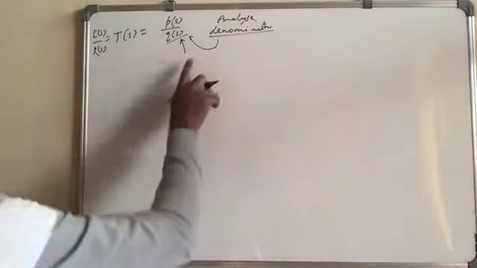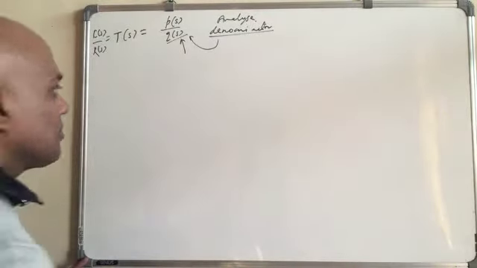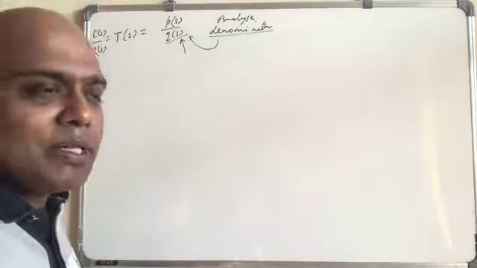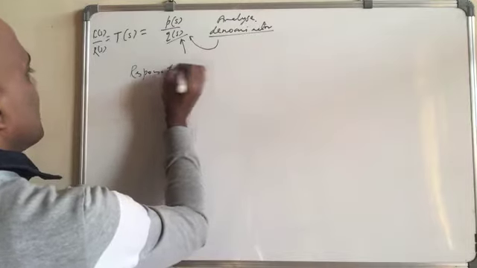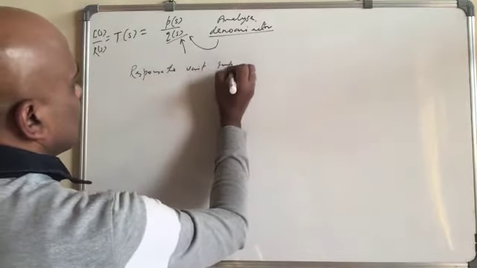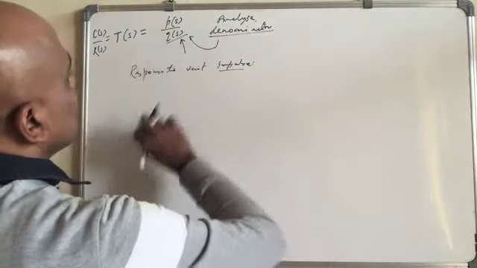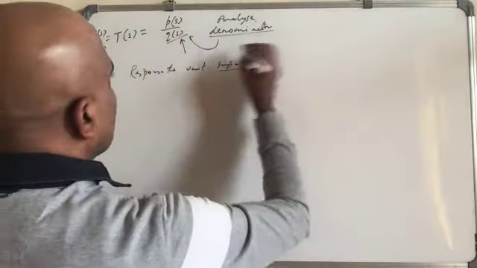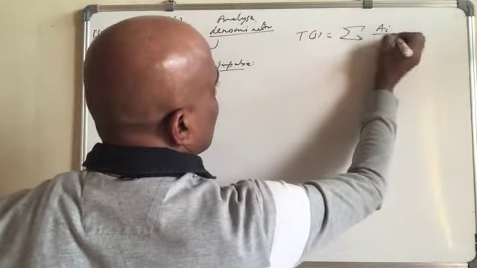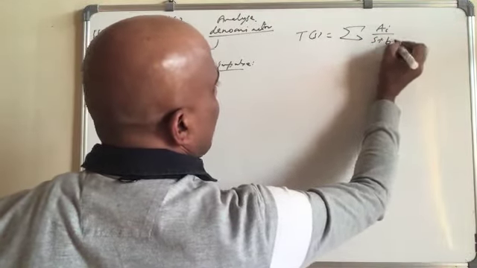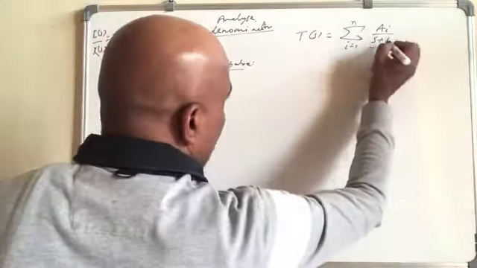For example, as we talked about earlier, if you want to find the response to a unit impulse, what do we do? This T(s) we can write as a summation of Ai over s plus Bi, i equal to 1 to n. How to find Bi?